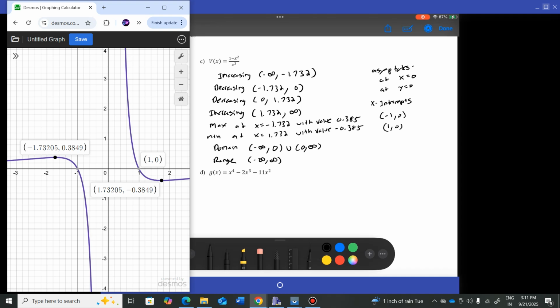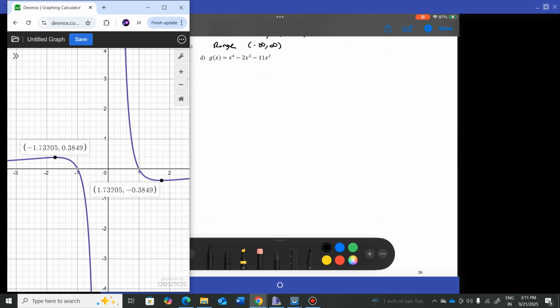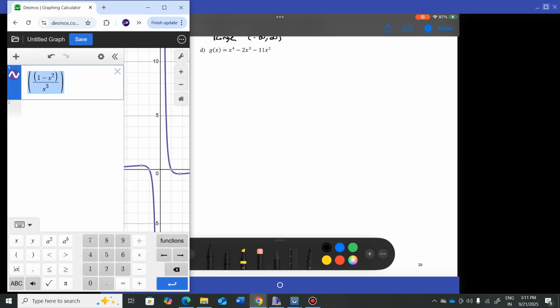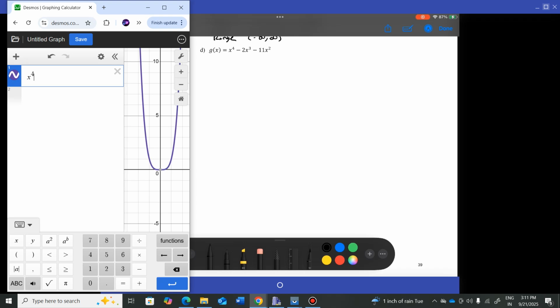That's all the information we can obtain from the graph, or from equations where we're trying to graph it. Okay, x to the fourth minus 2x to the third minus 11x squared.